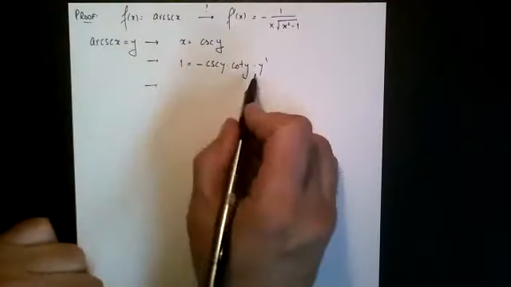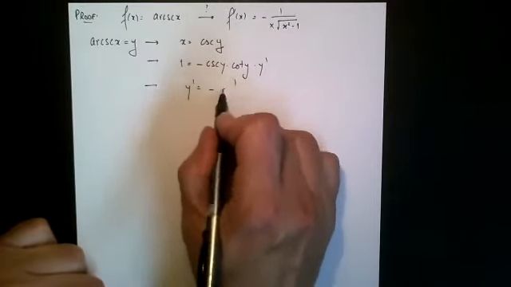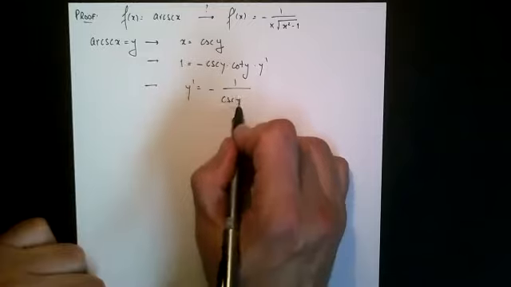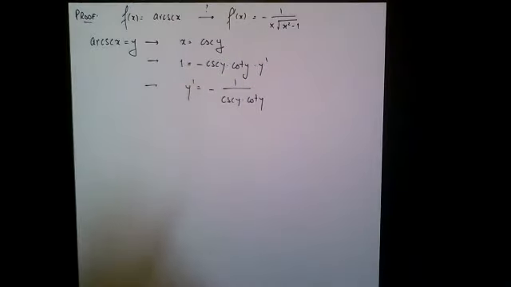Therefore, if I isolate y prime, I get y prime is -1 over cosecant y cotangent y. Any questions so far?